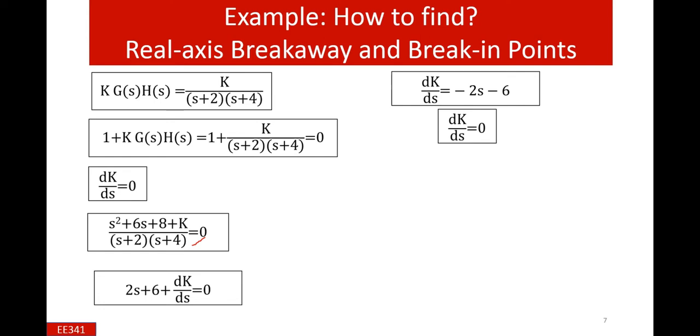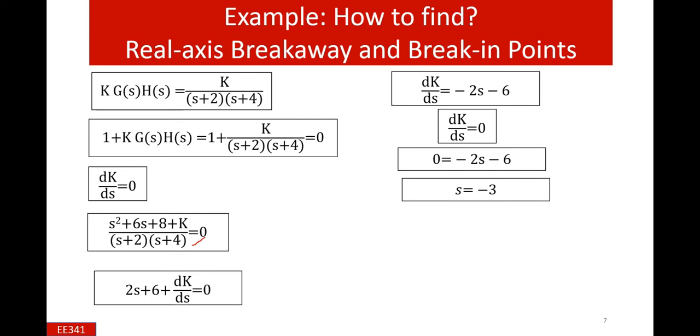After that, as the value of k increases further, the system shows underdamped behavior, and the system poles are in the complex plane. So here we find that s is equal to minus 3, which is on the real axis. So this minus 3 is a breakaway point or break-in point.